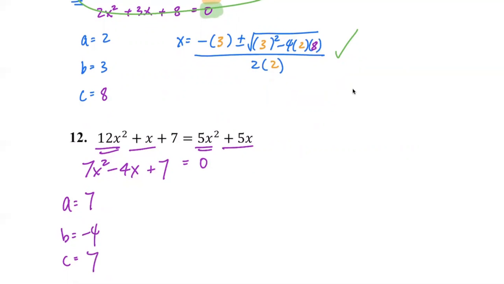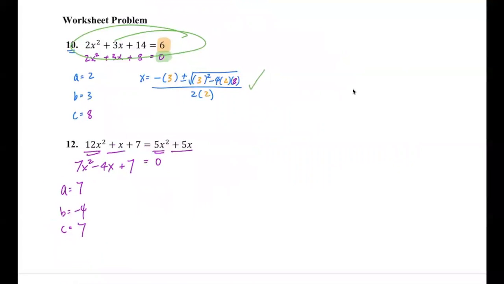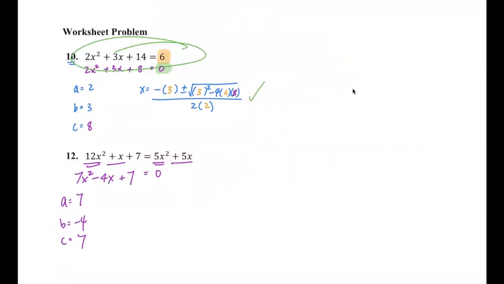So just a little thing I want to make sure everyone is very well aware of before you try out your worksheet problems. So keep that in mind. Whenever we do quadratic formula or factoring, we've got to set one side equal to 0 in order to solve it.